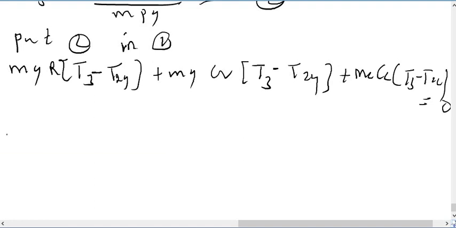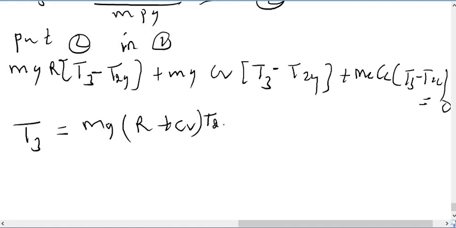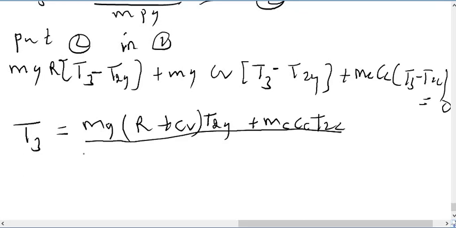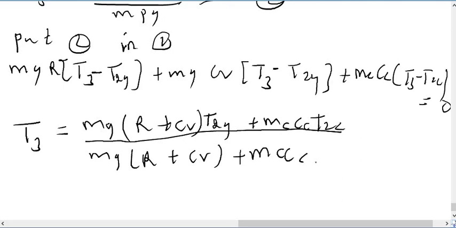So making T3 the subject of the formula, we get m g R into (m g R plus m g Cv) T2 of gas plus mass of copper, specific heat of copper, theta 2 of copper, all over the mass of gas into R plus Cv plus mass of copper, specific heat of copper.